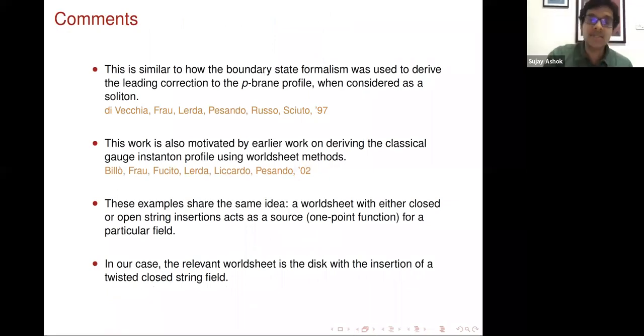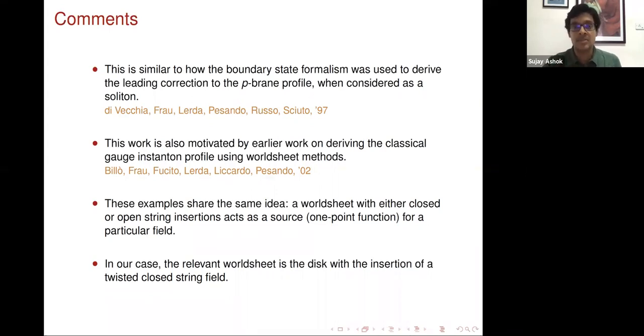Let me point out that this is not a radically new idea. A similar idea was used by many of my collaborators in the past. For instance, the boundary state formalism was shown to be very useful in obtaining the leading correction to the p-brane profile in supergravity, when you consider the p-brane as a soliton in supergravity.